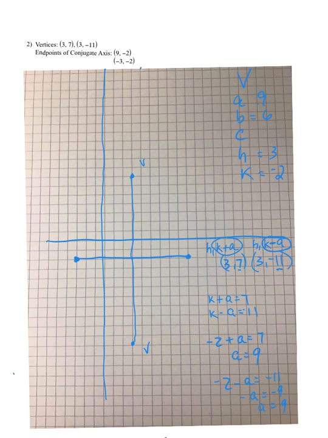So we're ready to write our equation. We know it's vertical, so we start with the y minus k, and that would be y plus 2 squared, minus x minus 3 squared equals 1.